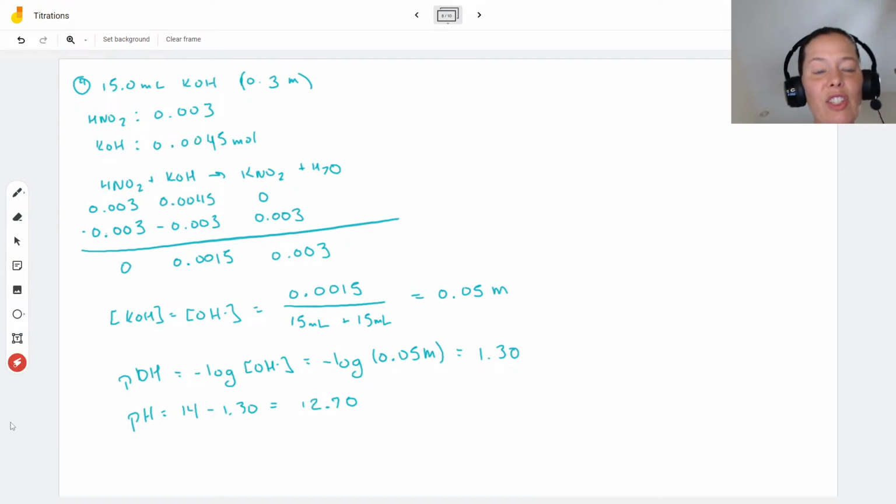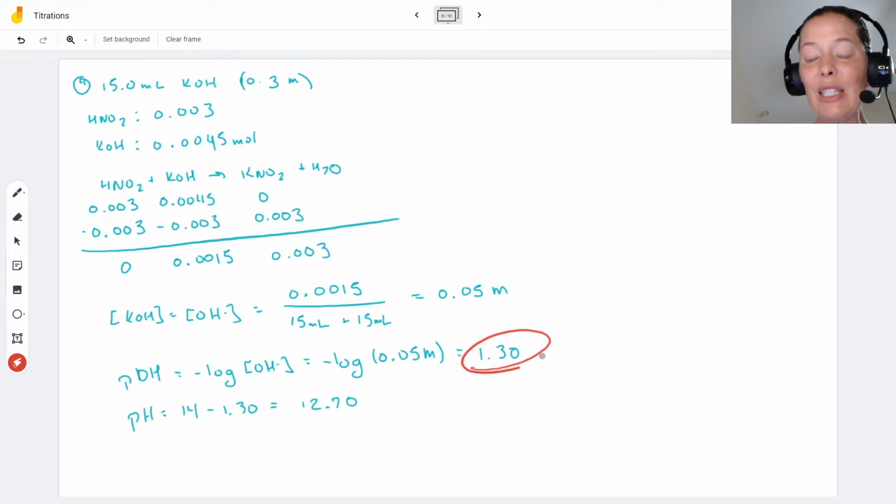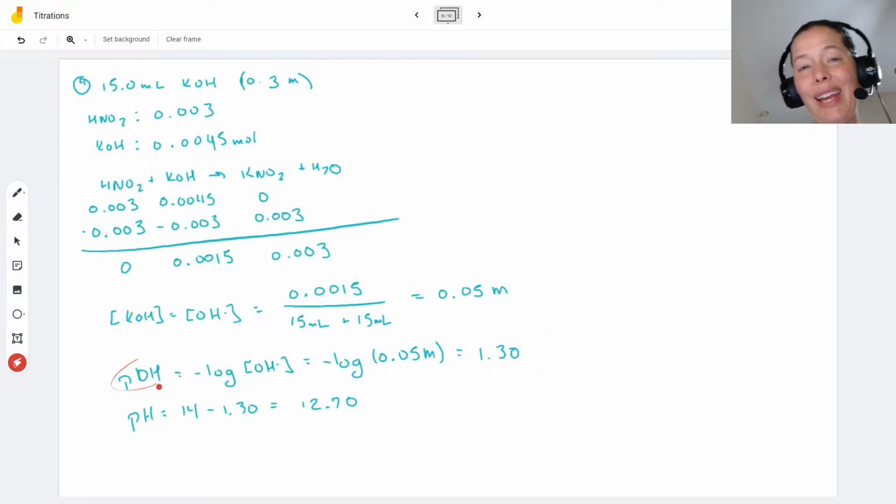Okay, so logic check. We've got a pH that's very basic. Does that make sense? Yes, because we have a strong base in solution, so our pH should be very high. Again, if you get to this point and you think you've calculated pH, like I almost wrote down, because you do get used to writing down pH, it should raise some red flags because you should not have a pH that is acidic. You should have a basic pH.